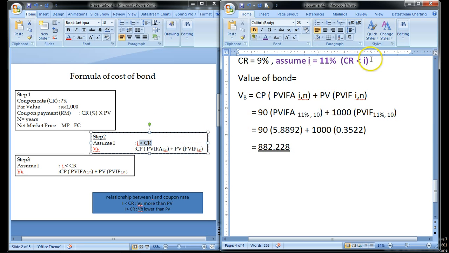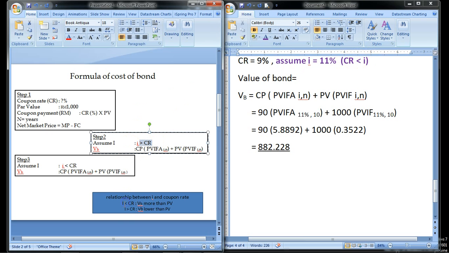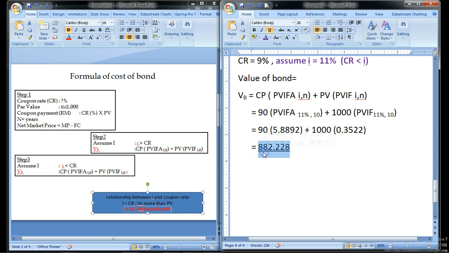When your I is higher than CR, your CR lower than I, you see what is the relationship? Focus this class. Value of bond was lower than par value. Your value of 882 is lesser than 1000 of your par value. So that is the relationship between I and coupon rate. When I is higher than CR, your value of bond is lesser than the par value.